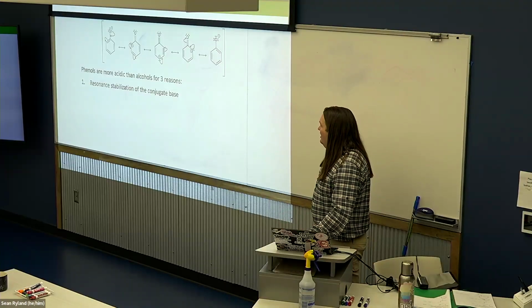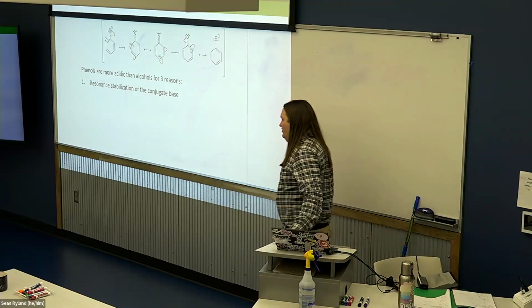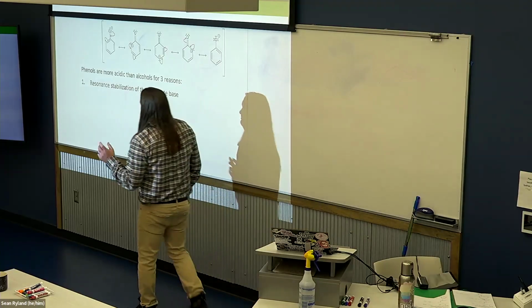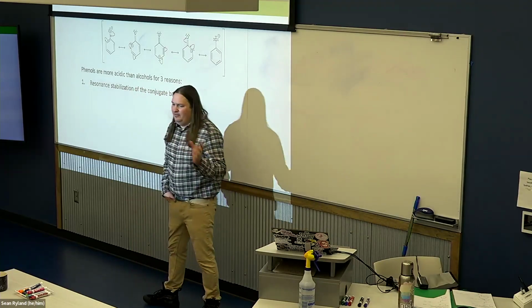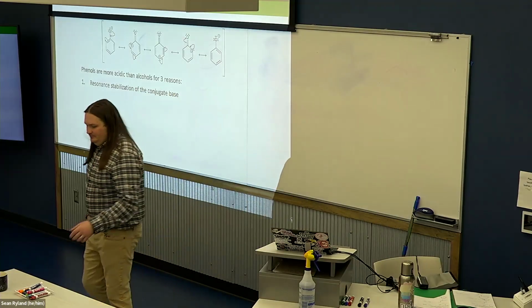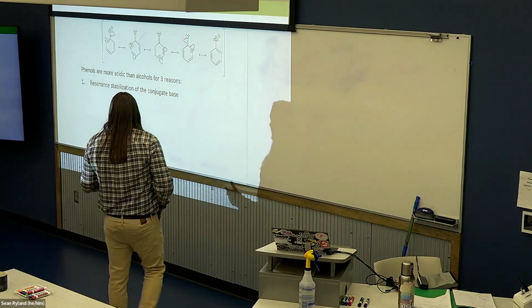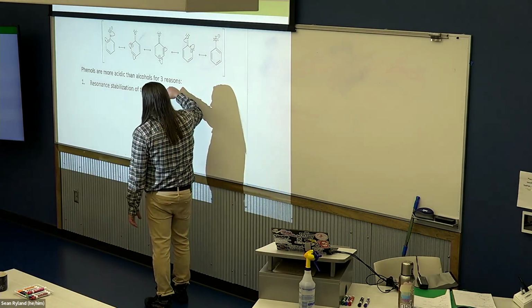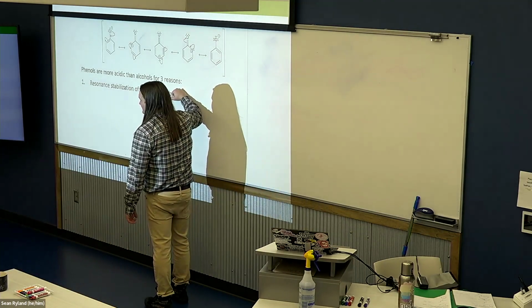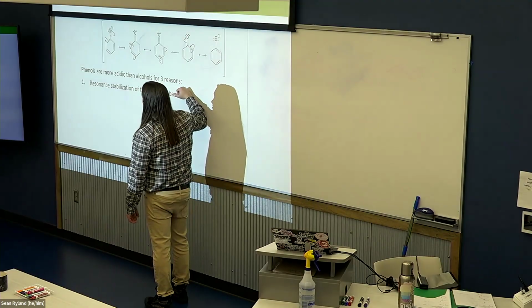All right, so here's the other one. Resonance is one of the most important things when it comes to guessing, not guessing, but reasoning your way through what's more acidic. If you're making something that can be resonance stabilized, that's going to make it easier to pull off that hydrogen.